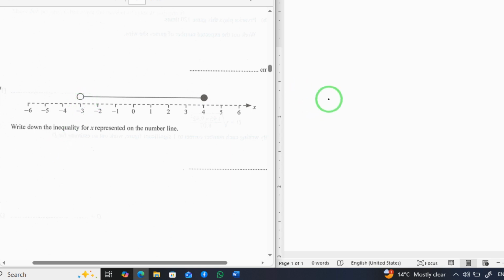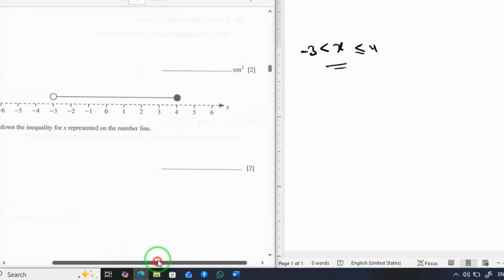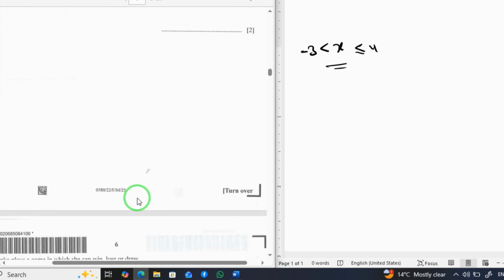Here we write as inequality that x is larger than -3 and less than or equal to 4. This is the answer of question number 7. We should write the answer here. It has 2 squares. It was very easy, a piece of cake actually.